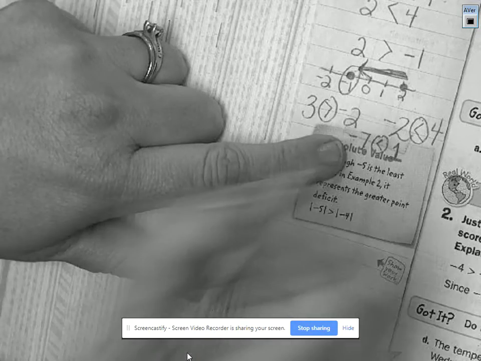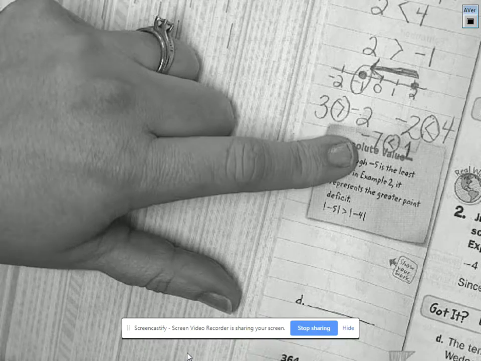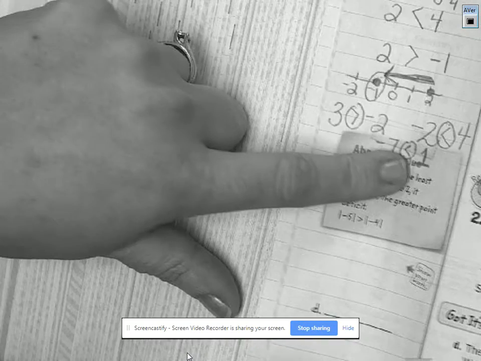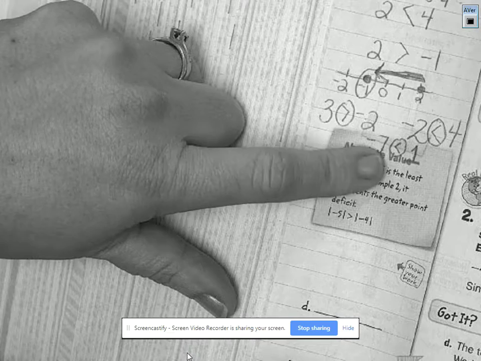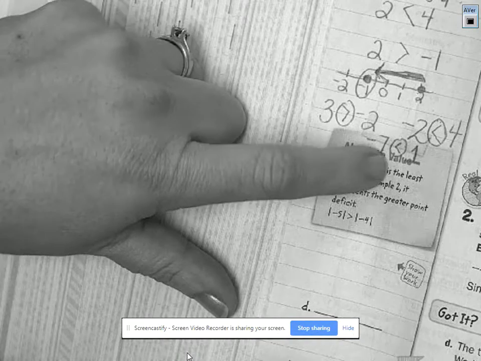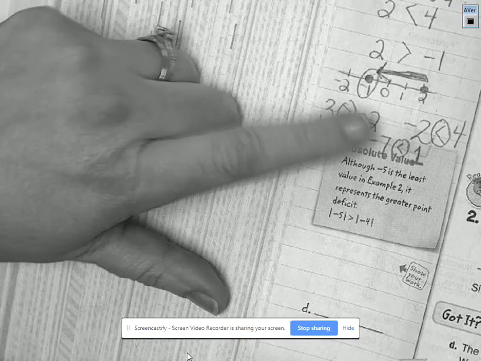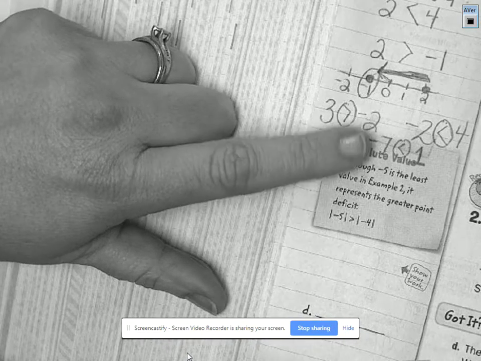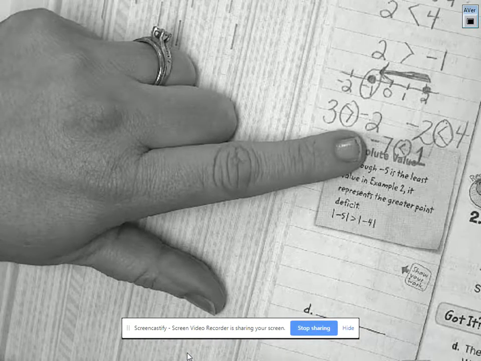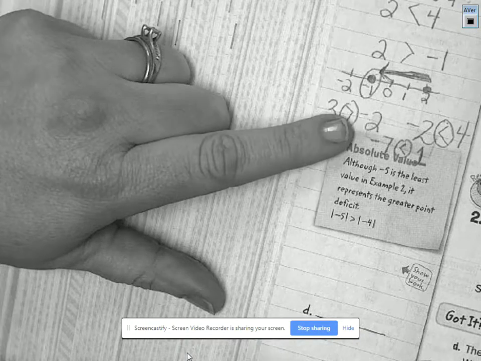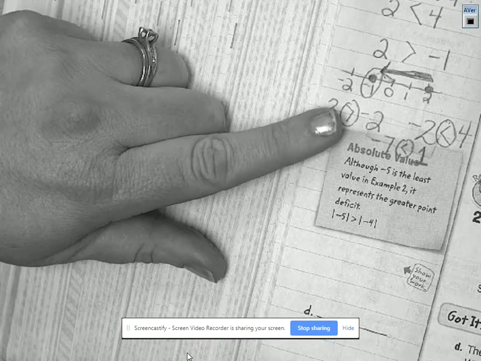But wait a minute, 7 is more than 1, right? So how come 1 is greater than -7? That's right, because -7 is further to the left on the number line, right, guys? The further left you go, the smaller the number.